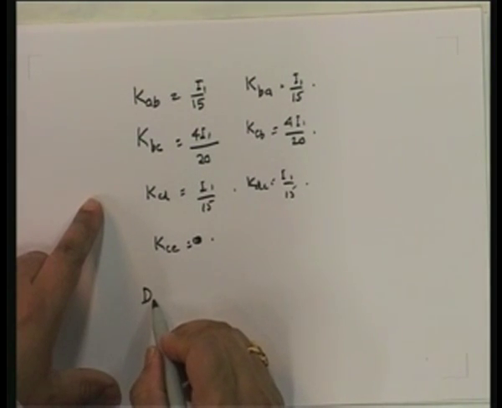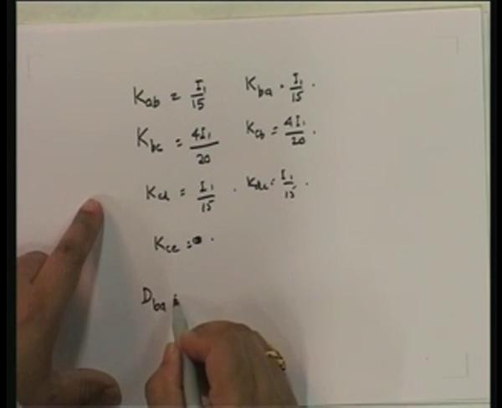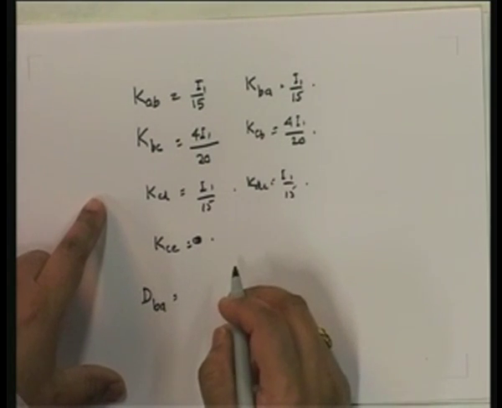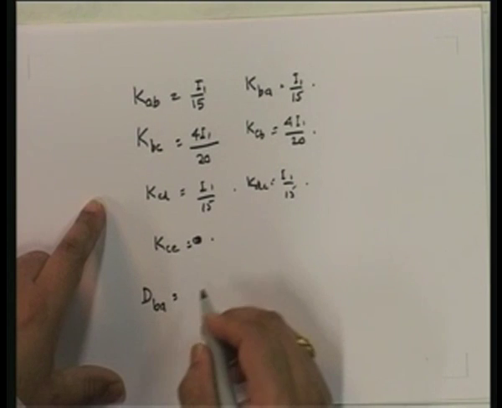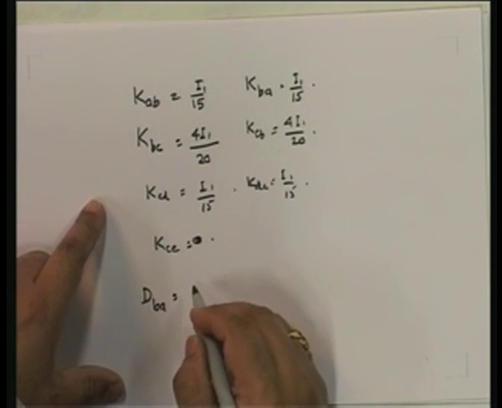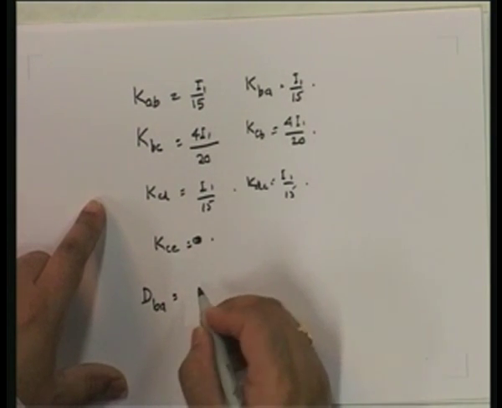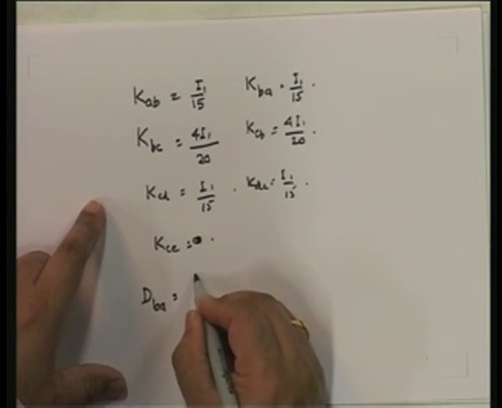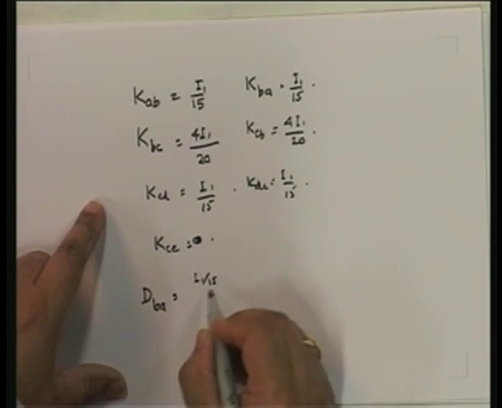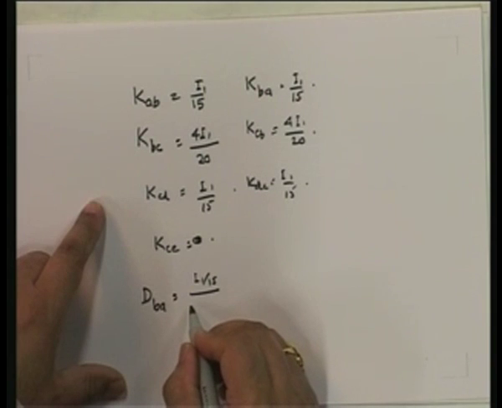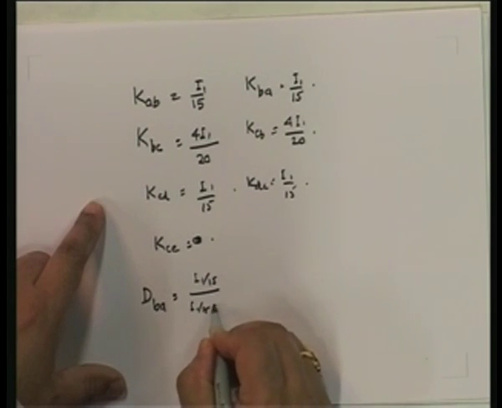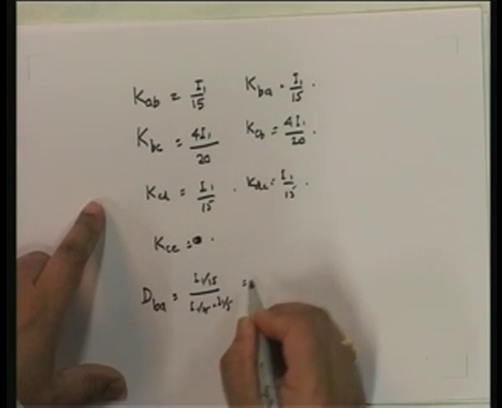And therefore dBA, you can see, is going to be equal to KBA is I1 upon 15, and here we have I1 upon 15 plus I1 upon 5.